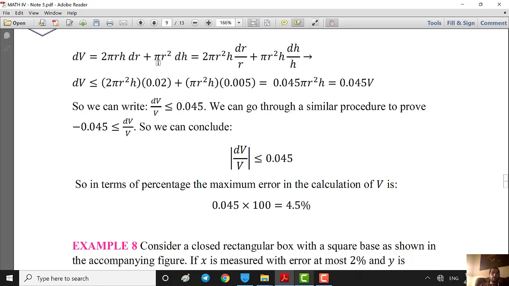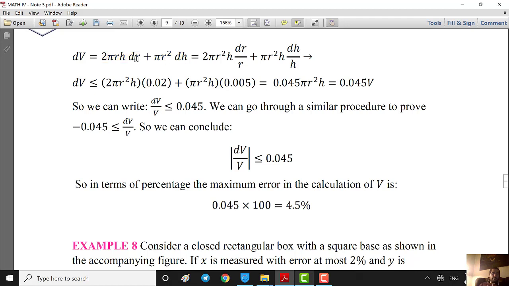Now, here in the formula for the total differential dV, we have dr and dh, but we can't use it as it is, because what the question gives us is dr over r and dh over h. So we have to change this in a way that dr over r appears here and dh over h appears here. And that is very easy to do.